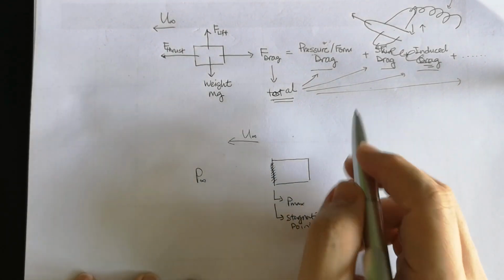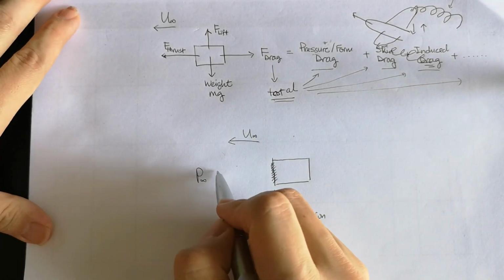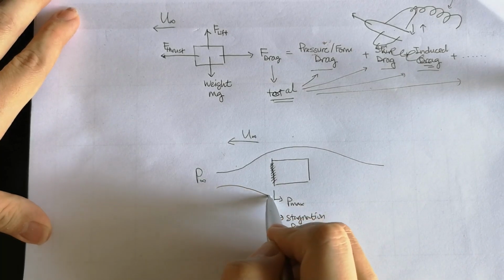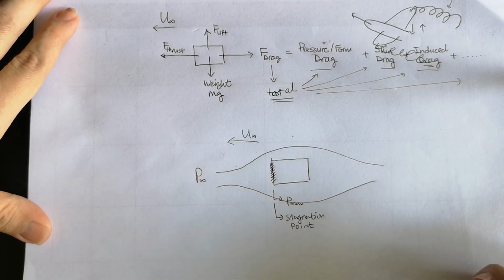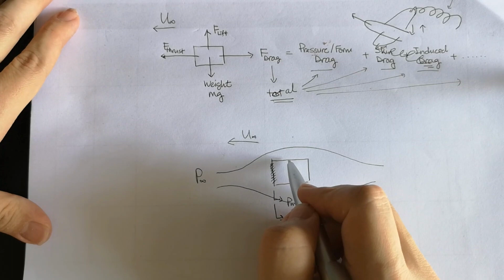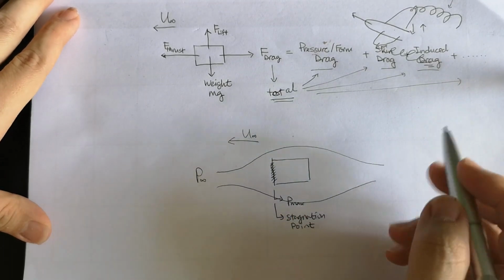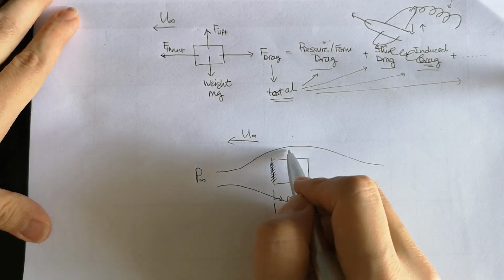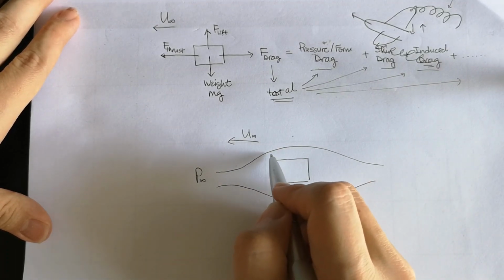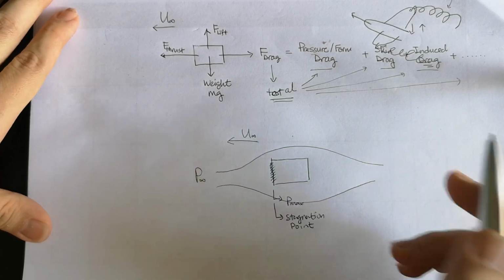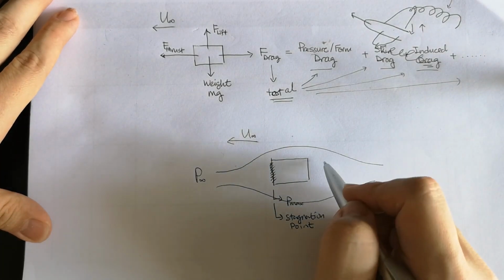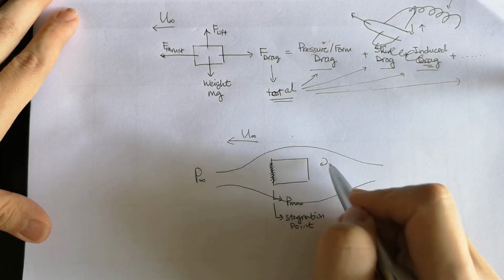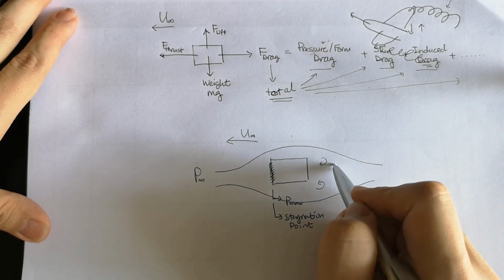While the air is passing through this object, let's say this one is our streamline. Because the object is not streamlined, the flow will easily separate. Separate means the boundary layer is not attached to the solid surface. And hence, when separation occurs, this is what usually happens: the backflow.